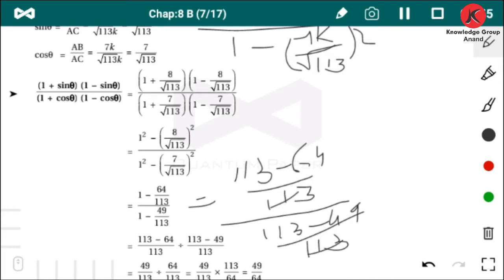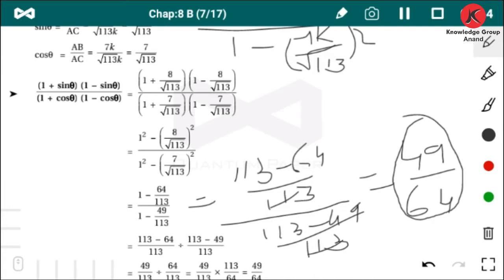The 113 cancels, and 113 minus 64 is 49, and 113 minus 49 is 64. Then 49 upon 64 is our final answer.